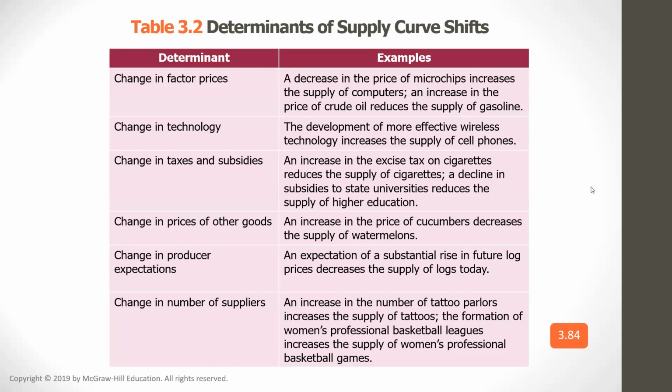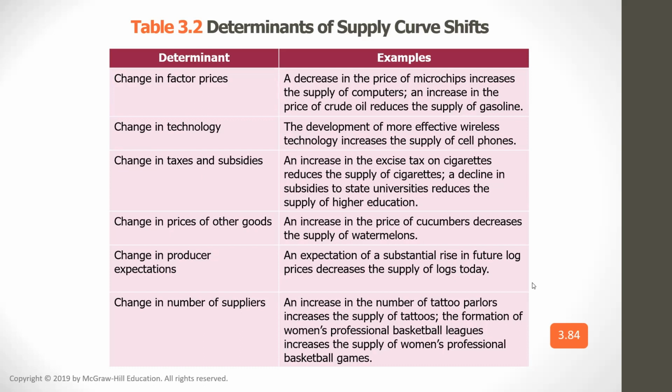Just sharing it here. Change in factor prices: a decrease in the price of microchips increases the supply of computers; an increase in the price of crude oil reduces the supply of gasoline. Change in technology: development of more effective wireless technology increases the supply of cell phones. Change in taxes and subsidies: an increase in the excise tax on cigarettes reduces the supply of cigarettes; a decline in subsidies to state universities reduces the supply of higher education.